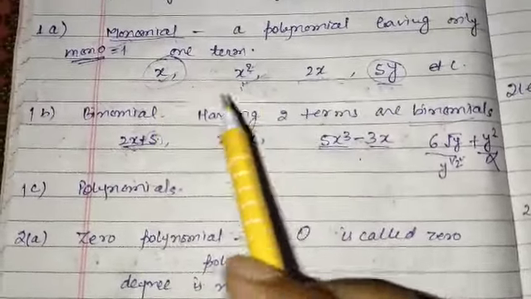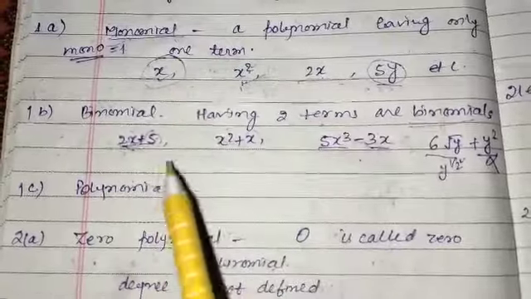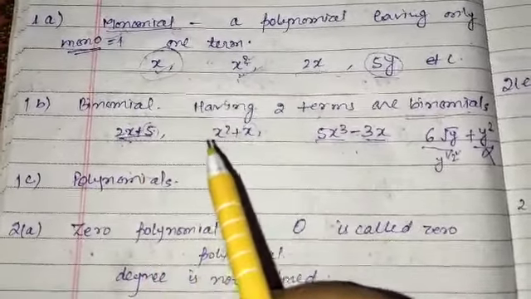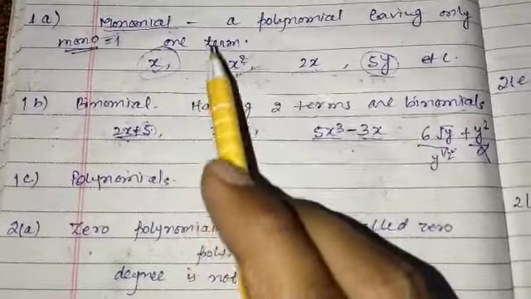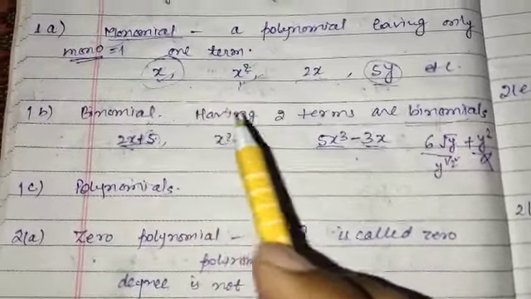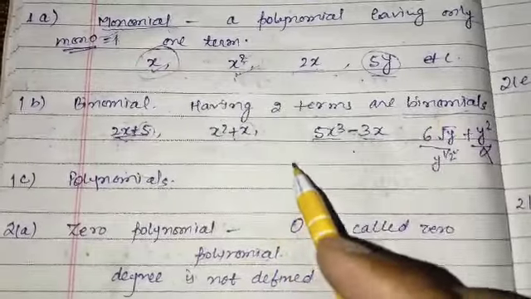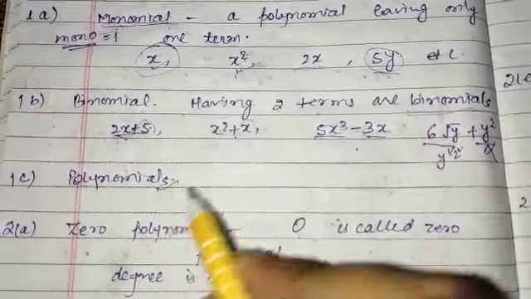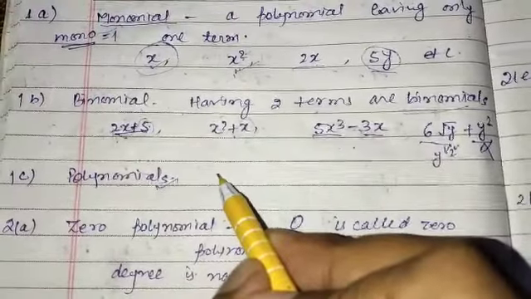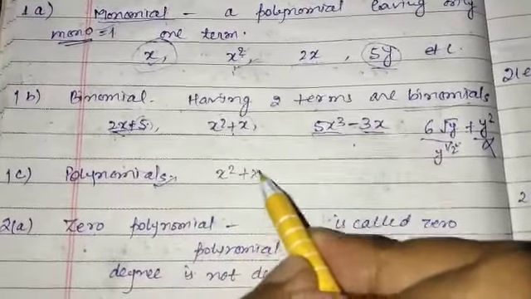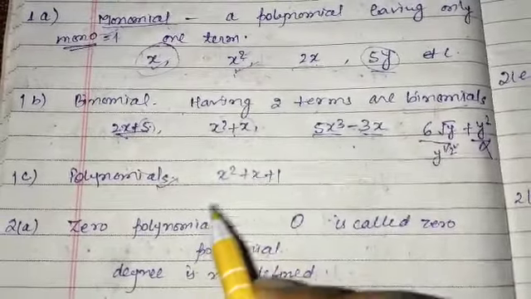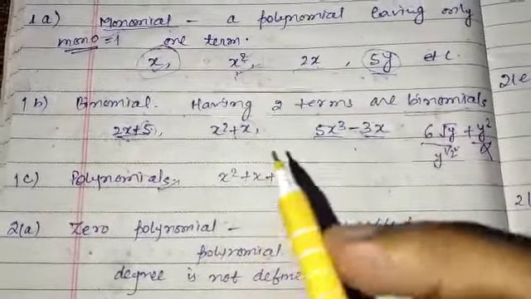So the simple definition: if only one term, monomial; if there are two terms, binomial. You can say three terms, trinomial, but we will discuss only these two, monomial and binomial. If there are more than two terms, then we consider it a general polynomial, for example x square plus x plus 1. There are 1, 2, 3 terms, so we say it is a polynomial.